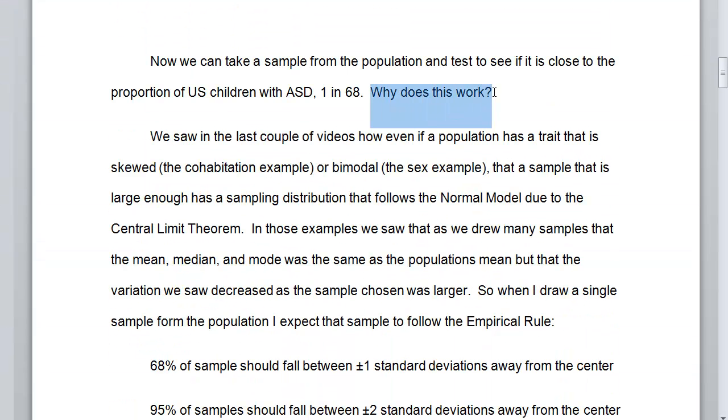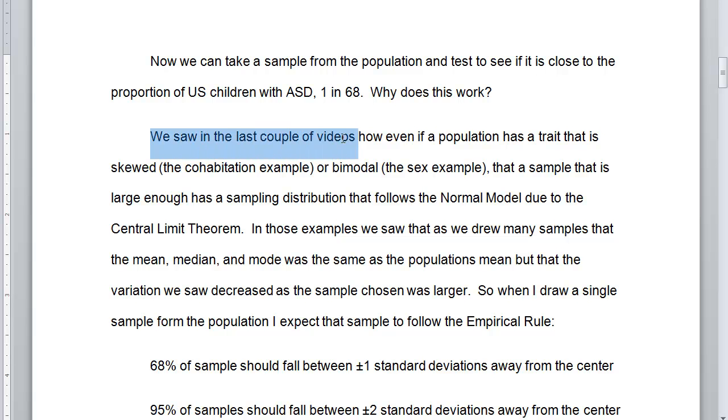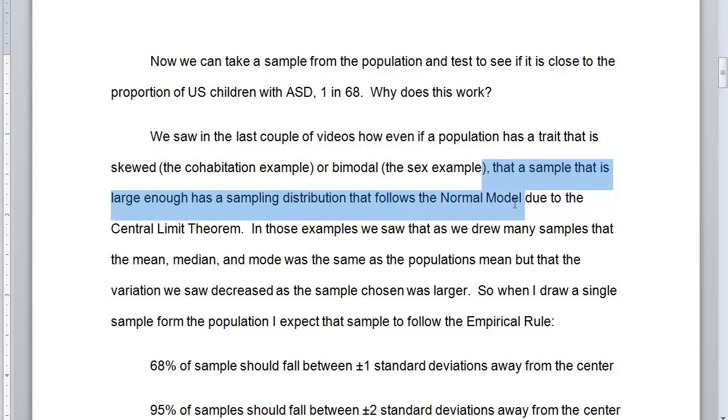I keep mentioning in the previous videos that we've been laying a foundation for this video. And so we saw in the last couple of videos how even if a population has a trait that is skewed, like the cohabitation example, or bimodal, like the sex of an individual example, a sample that is large enough has a sampling distribution that follows the normal model due to the central limit theorem.